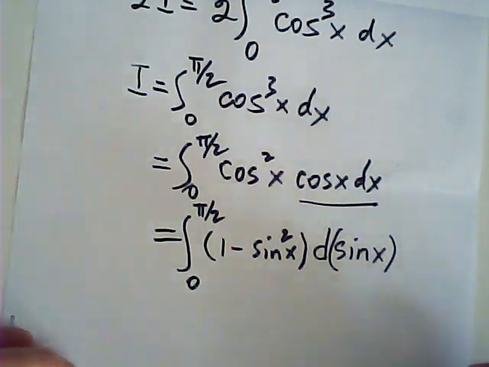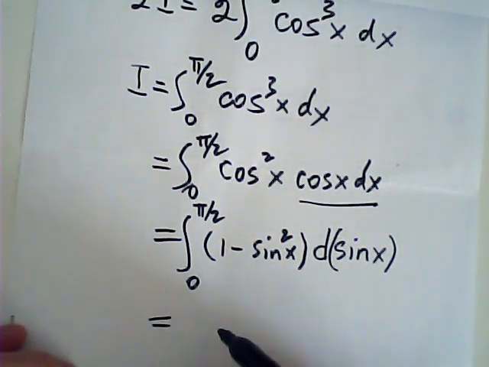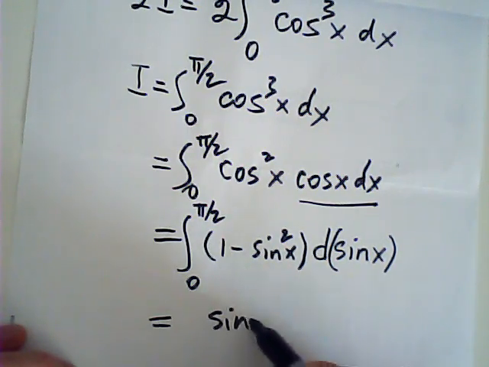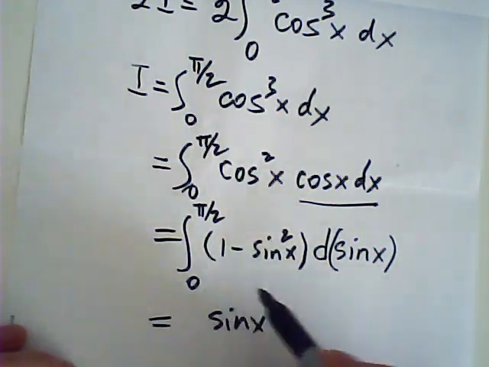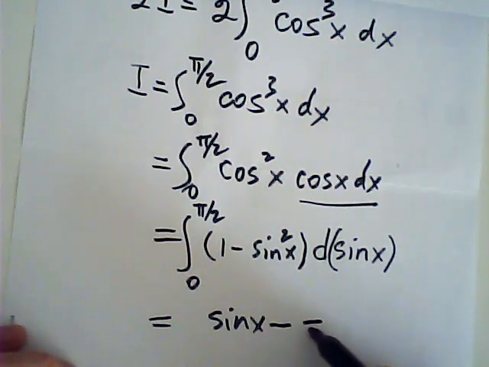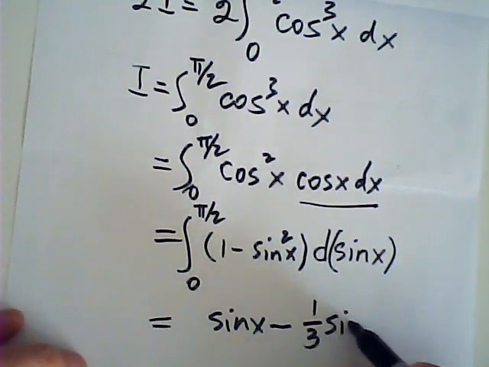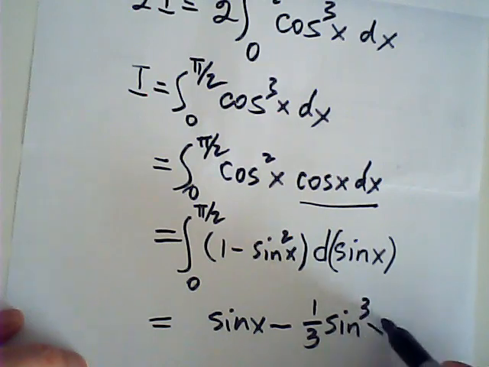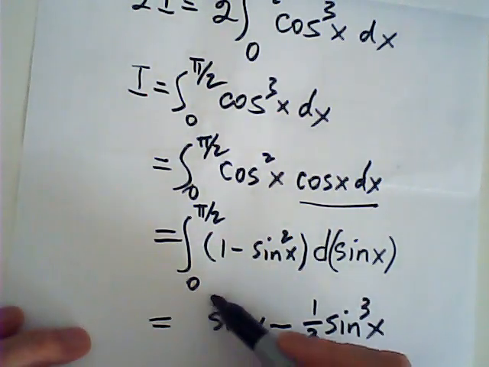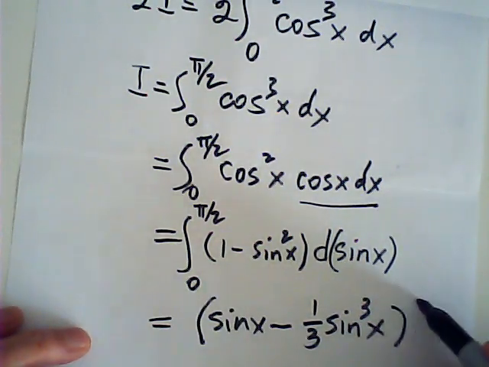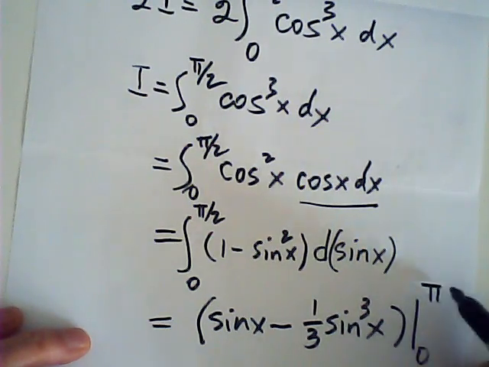Well, now in terms of sine x, this integrand is 1 minus sine square x, d sine x. The integration is sine x minus 1/3 sine cubic x, from 0 to half pi.